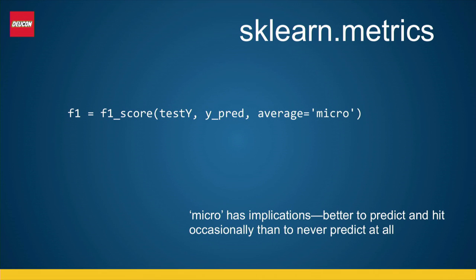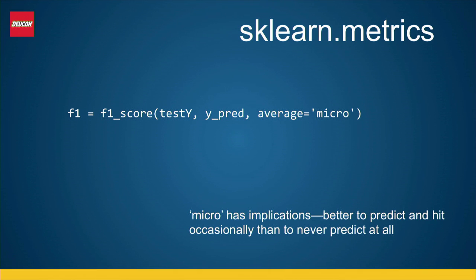Then we're training an algorithm, kind of a function, that when applied to X produces the Y. So f of X implies Y, or generates Y. The Y in this case is the tags. So the test Y are the tags that we want to predict. The Y pred is the prediction, and then we have a mechanism we can use to tune how the F1 score is calculated.